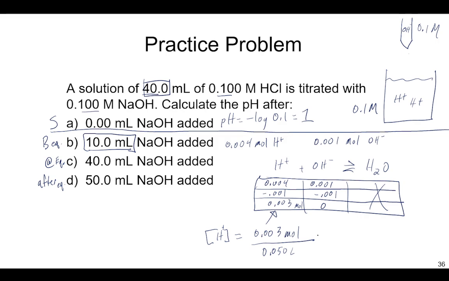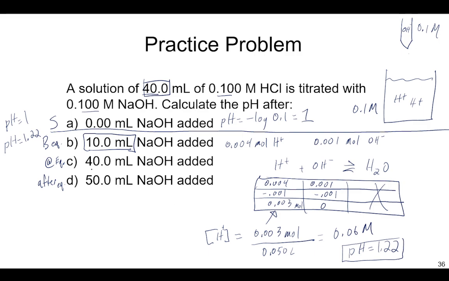And so now I have the concentration of H plus, 0.06 molar, and I can take negative log of that to get a pH of 1.22. So that will be the answer for part B. Part A, pH of 1. Part B, well, we've added some base, so the pH better be a little higher, and it is 1.22.